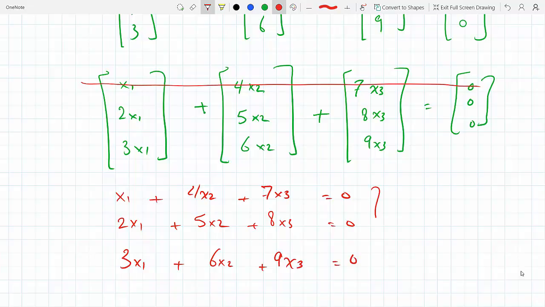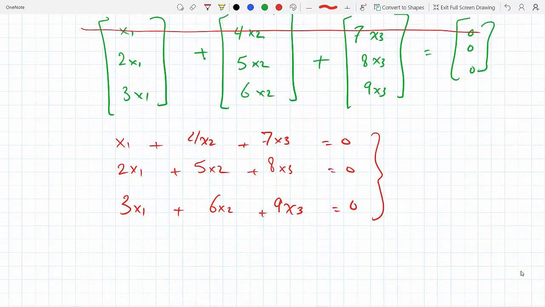These are three equations and three unknowns. Let's try to solve them. We could use elimination or substitution, whatever.